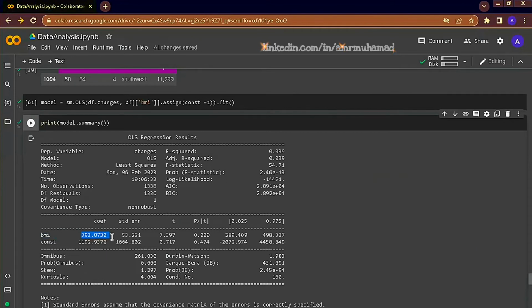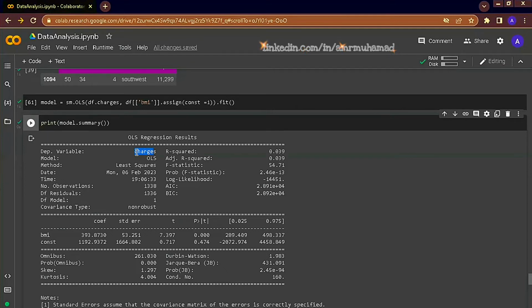This means that I want to build a model to explain the relationship between BMI, for example, and charges. So I need a model that measures this relationship and enables me to express it in numerical terms. So I want to say that for each 1 unit increase in BMI, I expect a 300 or almost 400 increase in charges.